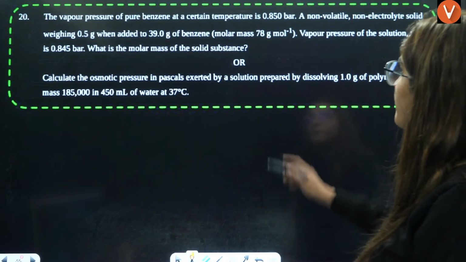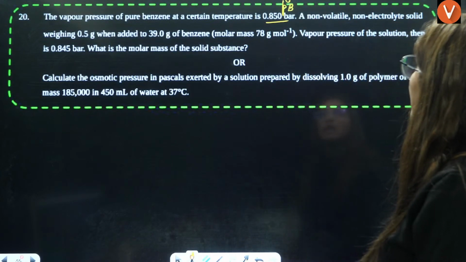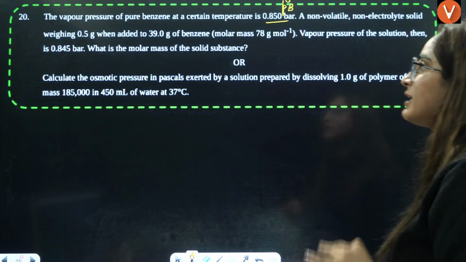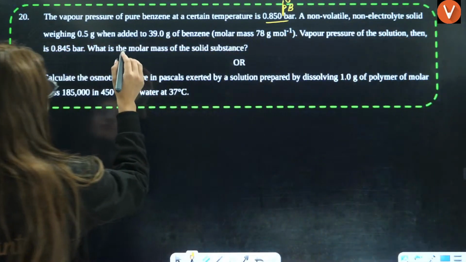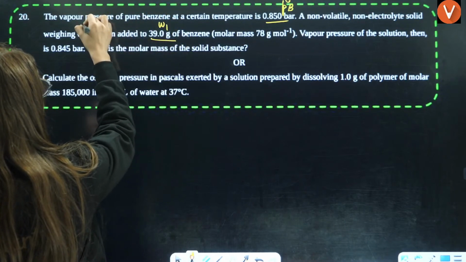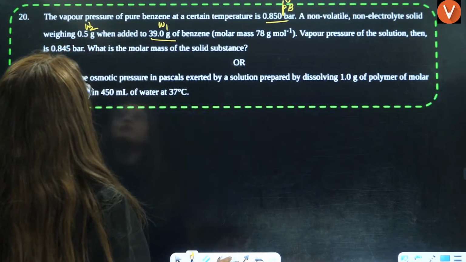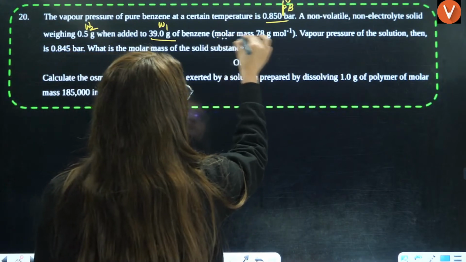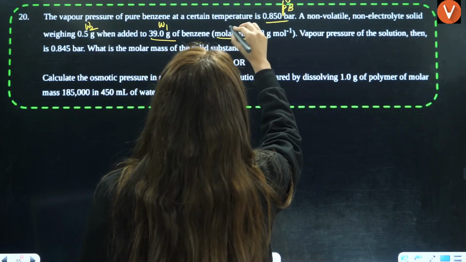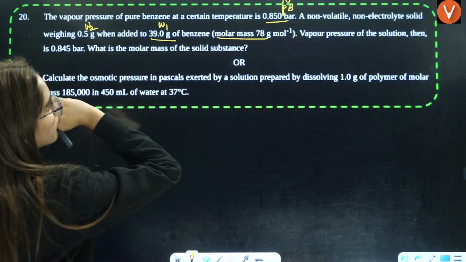Here it is P naught B. A non-volatile, non-electrolyte solid weighing this many grams, W2, is added to this much benzene, W1. The molar mass of benzene is also given to you.